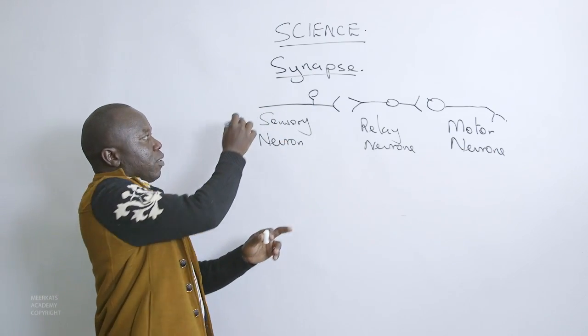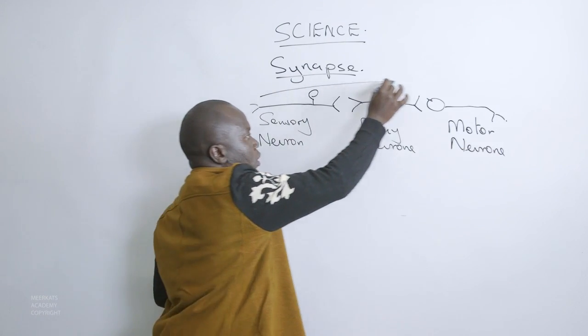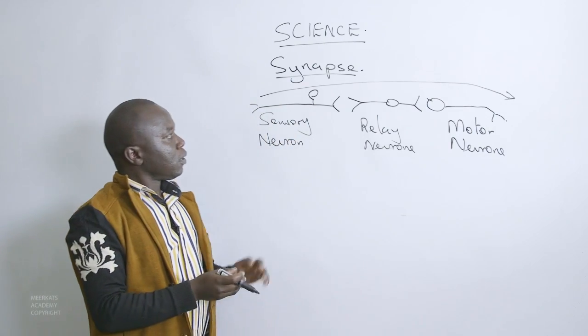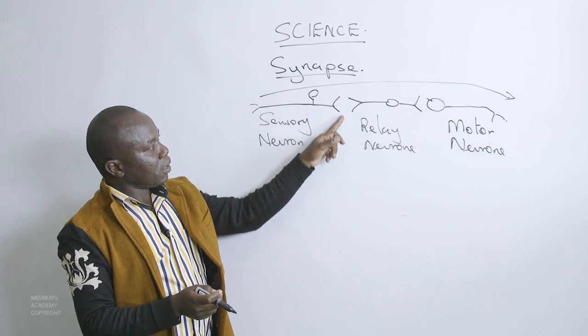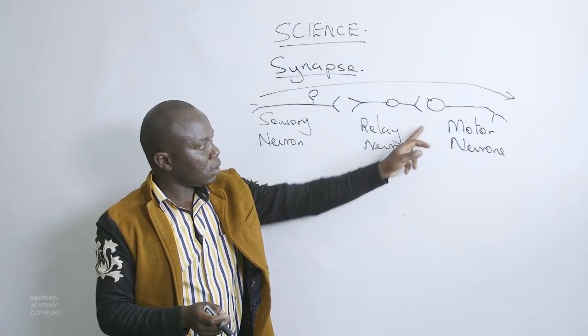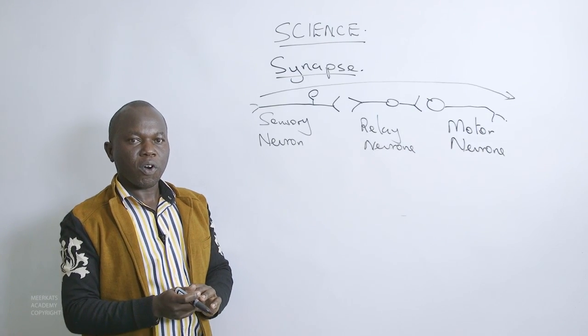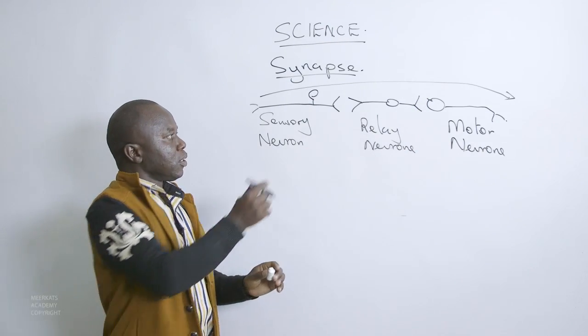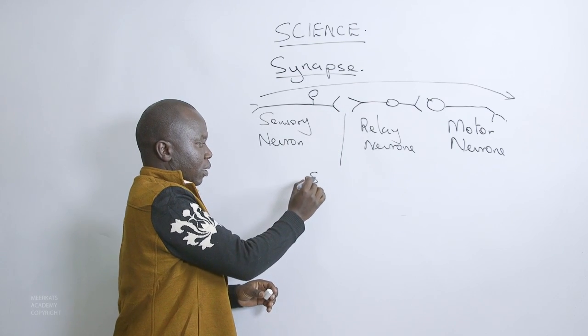So the impulse is flowing from this direction through this neuron, but there's always a gap in between the two or the three neurons. That gap is what we are calling a synapse.